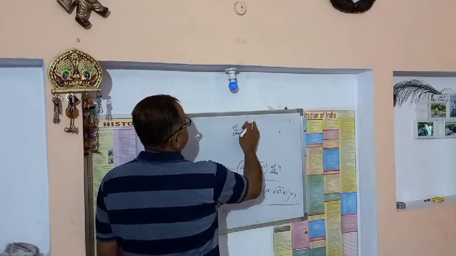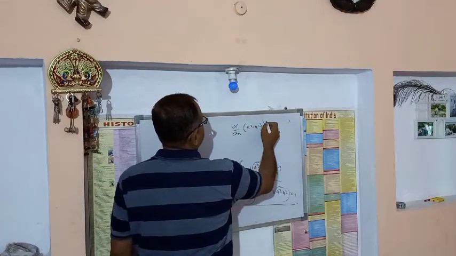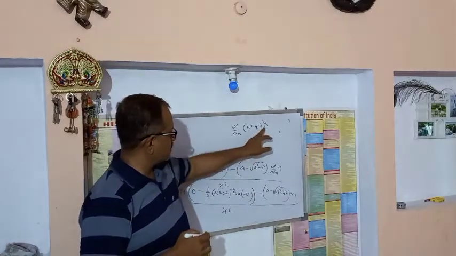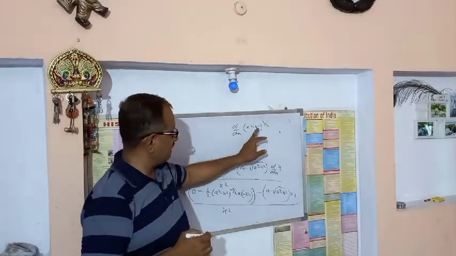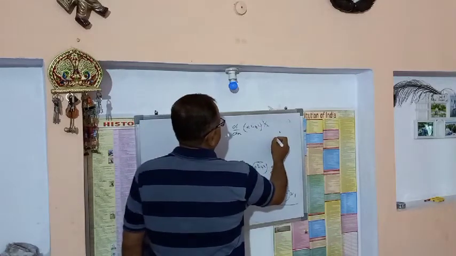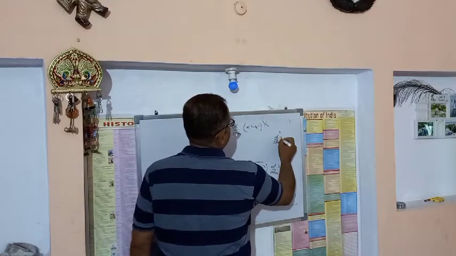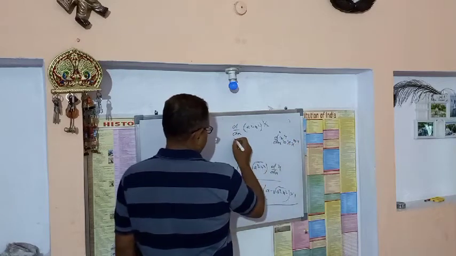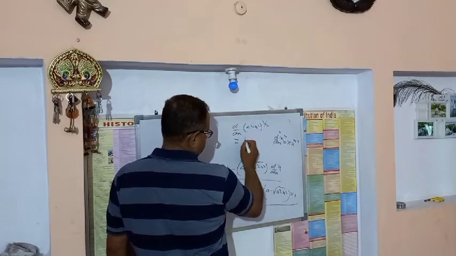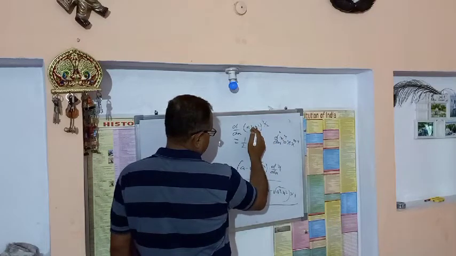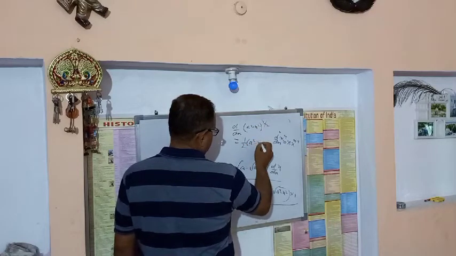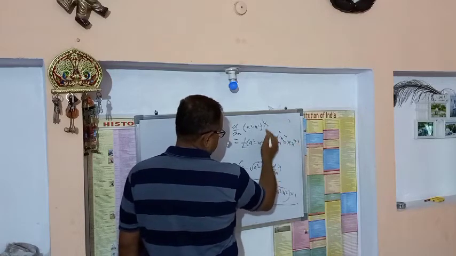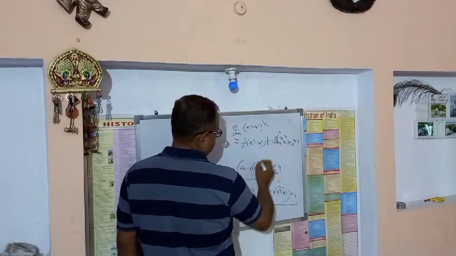Firstly remove the root, so it will be power 1 by 2. Use chain rule. Firstly we have to differentiate the power function, then the inner function. We know that d by dx of x to the power n is n into x to the power n minus 1. Here n is 1 by 2, so we write 1 by 2. X is this one, a square minus x square. And n minus 1, so 1 by 2 minus 1.